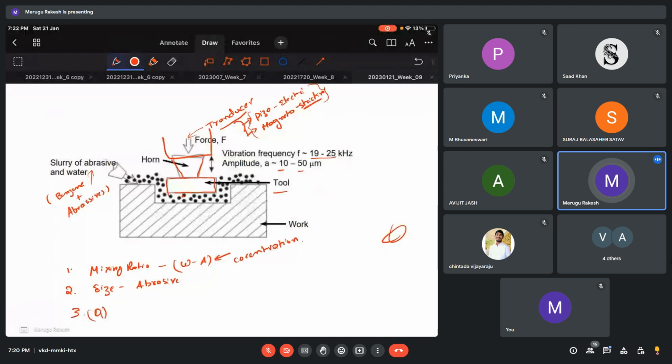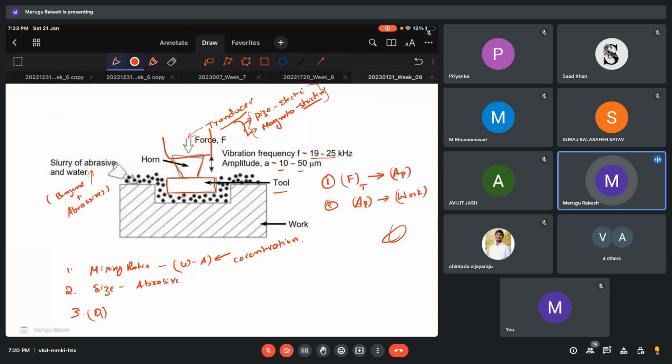This is the tool we are using. First, the force of the tool will be transferred to the abrasive particles, AP, as I'm writing abrasive particles. That impact goes to these particles, and these particles later travel and hit the work.